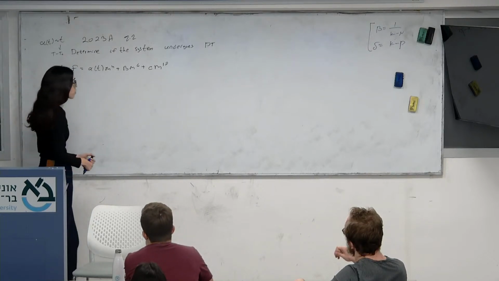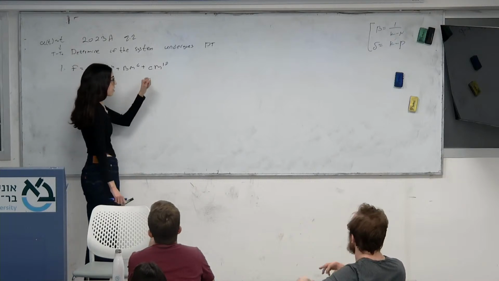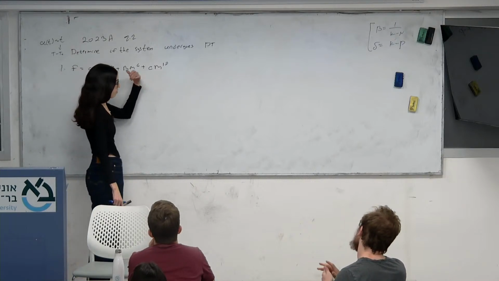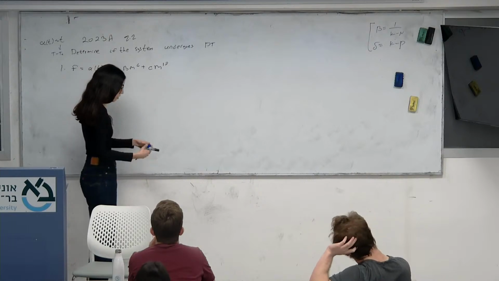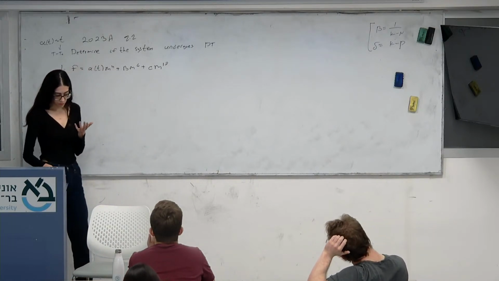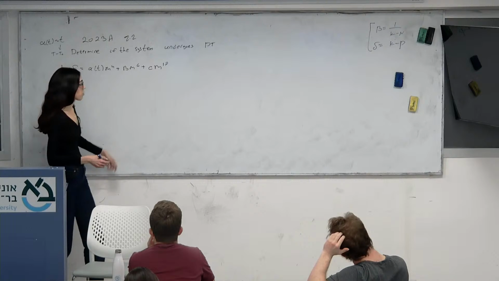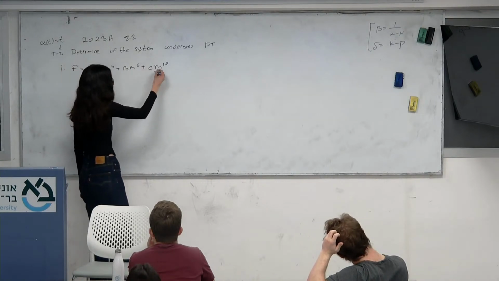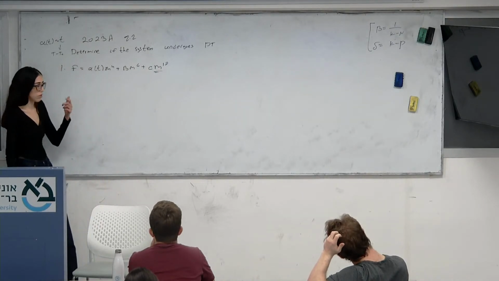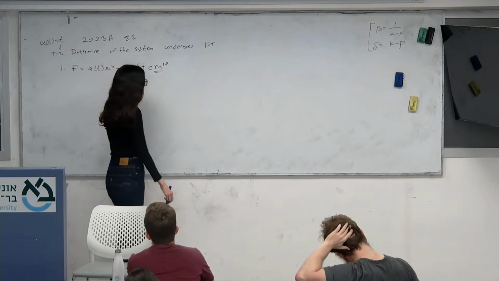Another thing is that we only want to have even orders of the magnetization, and the reasons differ depending on the term we're looking at. But here we have an odd exponent of m.